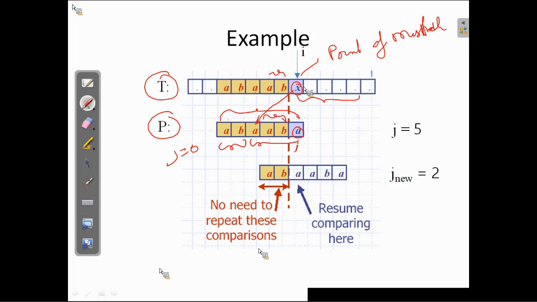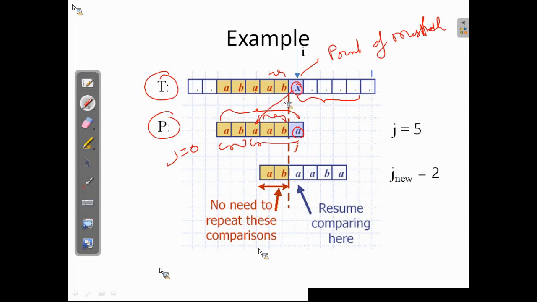So X should be compared with A, not with this A. There is meaningless, no, because this AB, which is the point of mismatch, if you see in the pattern, this is repeated here also. So when the mismatch happened here in J equal to this, then you can skip these two positions and start matching from here, because these two are matched. You don't have to go back, this is already matched. So you can start matching this X with A and see whether you can get a match forward.